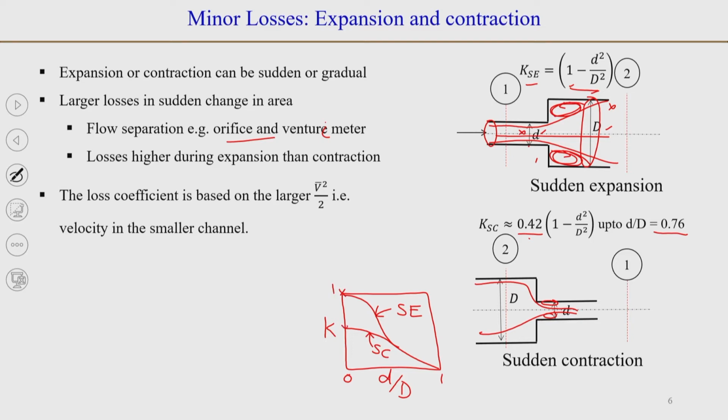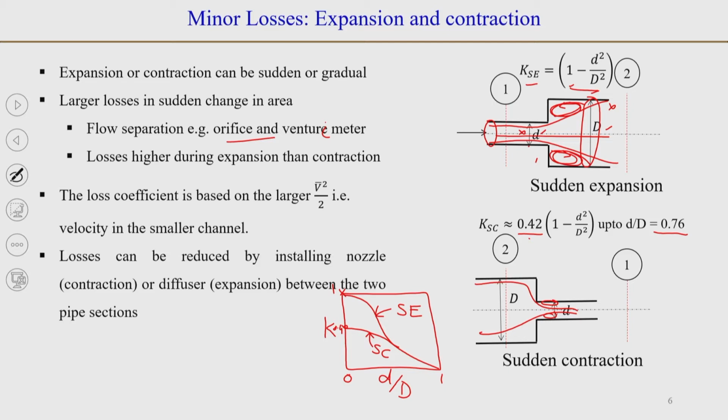This is about say 0.4. Okay, of course, it will be slightly away from the graph. Okay. So, these losses can be reduced if you include a gradual change in area. So, when we talk about contraction, it will be a nozzle, and when we talk about expansion, it will be a diffuser.